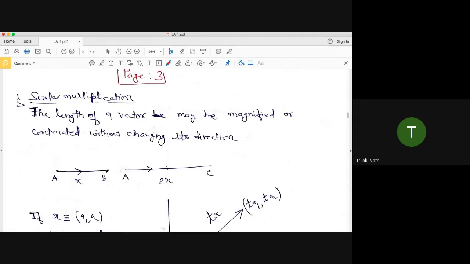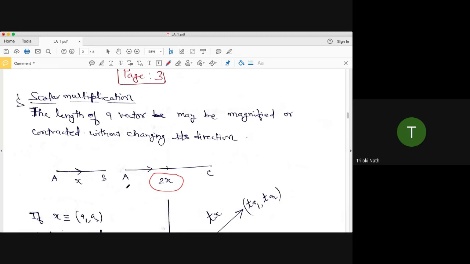So naturally you will understand, x is a vector, so 2 times of that has the same direction. Suppose vector x means 5 kilometer to the east. Then what is 2x? That is 10 kilometer to the east, because direction is not going to change. You just multiply it by the scalar. So 2x means 2 times of the vector x.